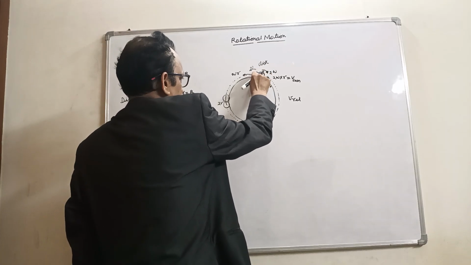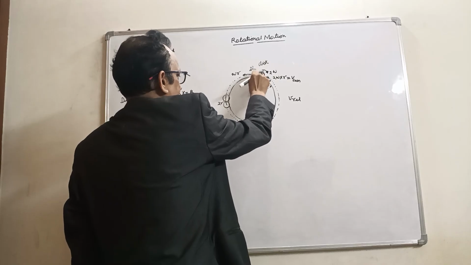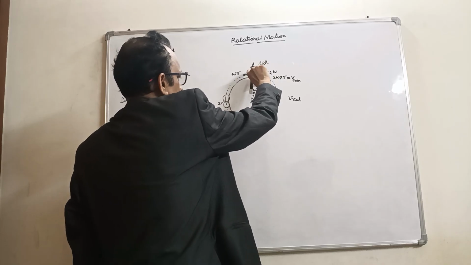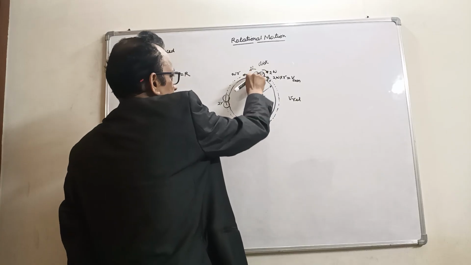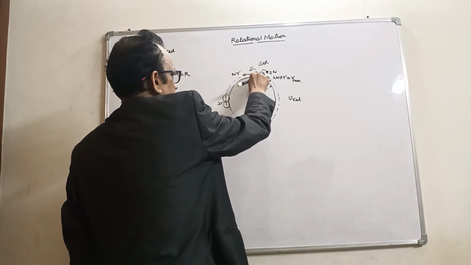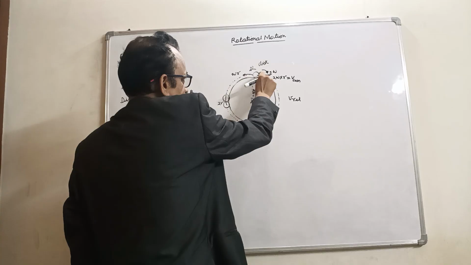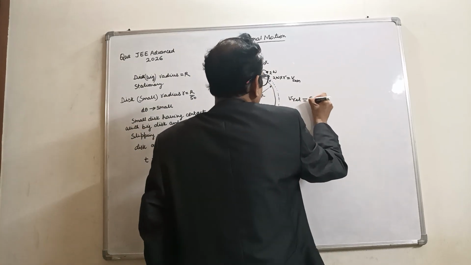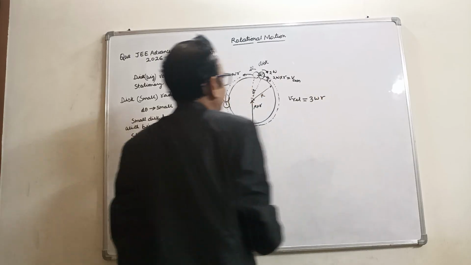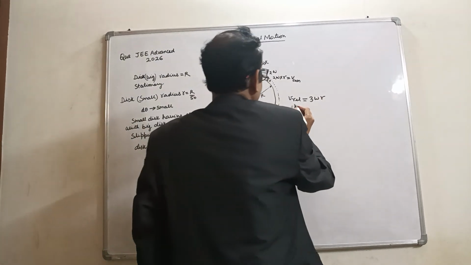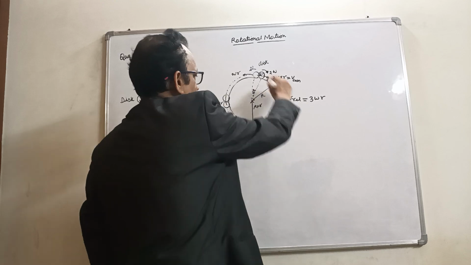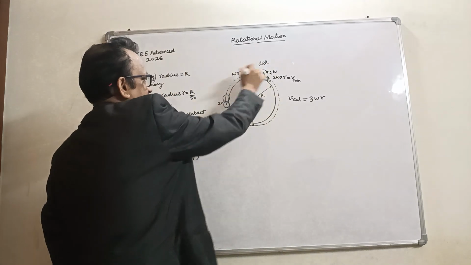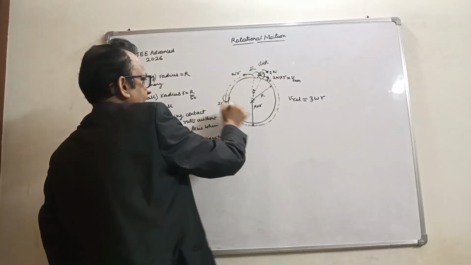In the frame of reference of this disk, we provide the velocity of the center of mass of the other disk. So the relative velocity would be 3 omega r. By this relative velocity we have to find the time when both disks meet again.